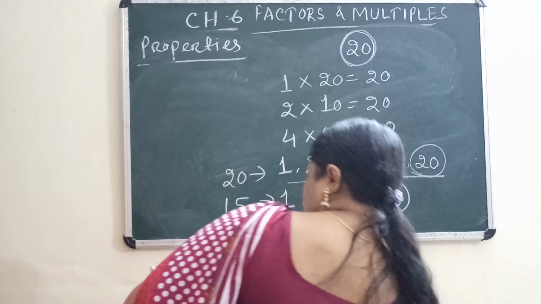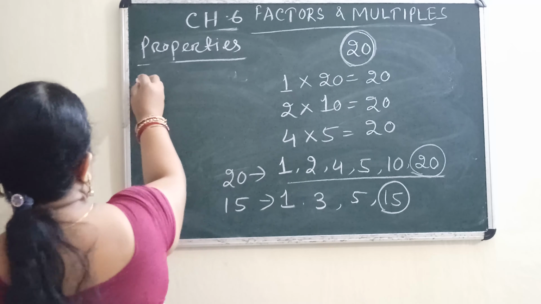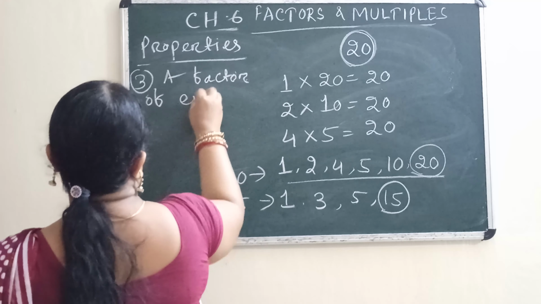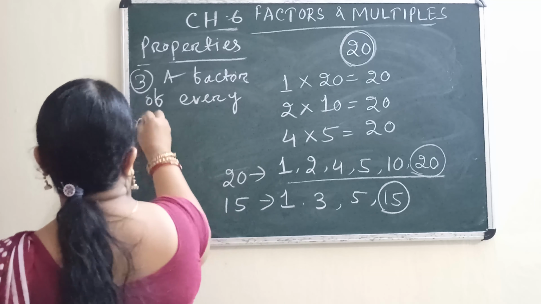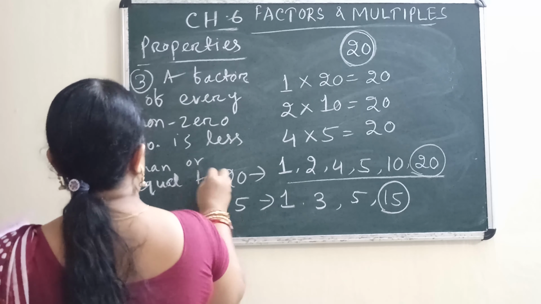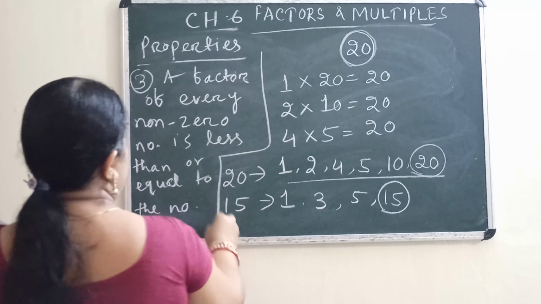Now come to property 3. A factor of every non-zero number is less than or equal to the number. What is this?